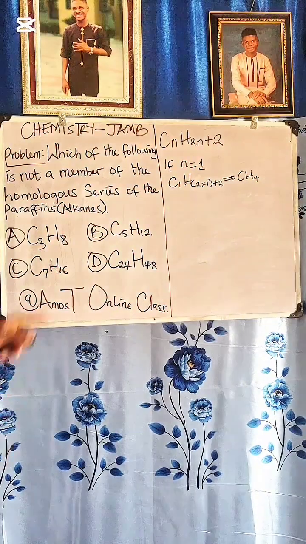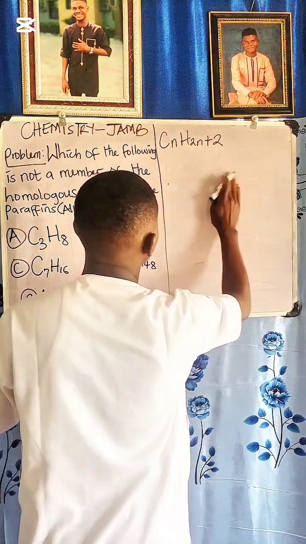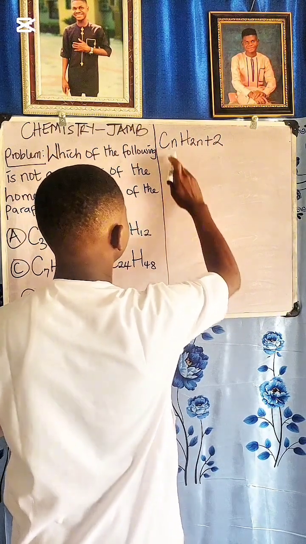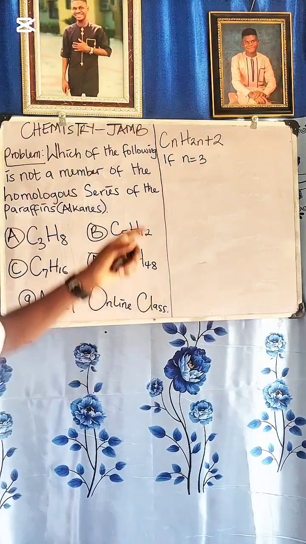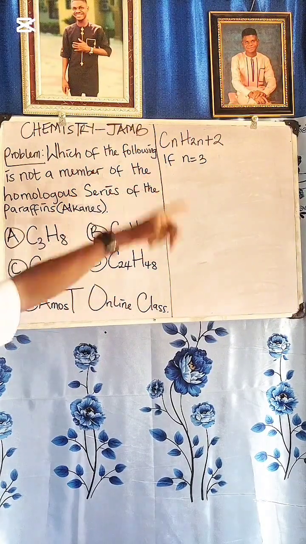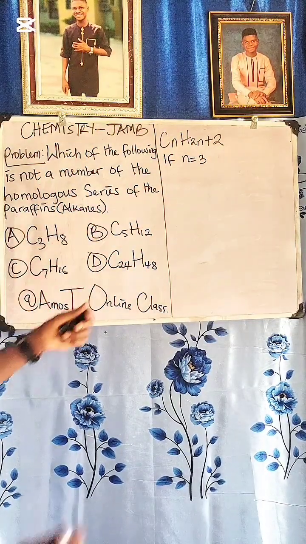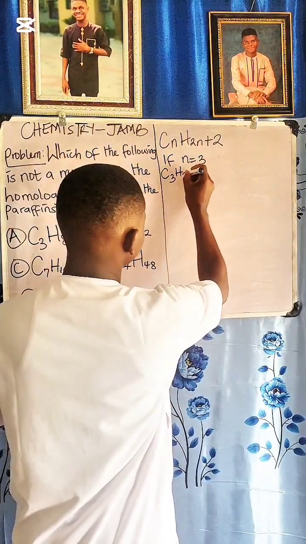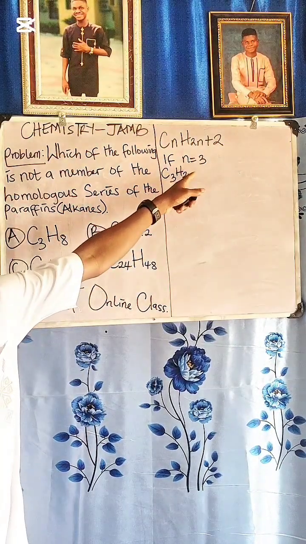Now if our n is equal to 3, recall that the formula for alkanes is CnH2n plus 2.